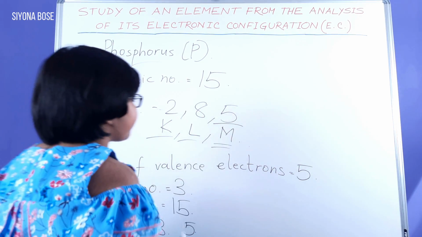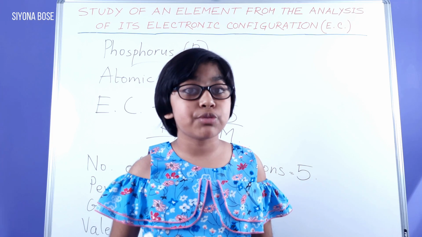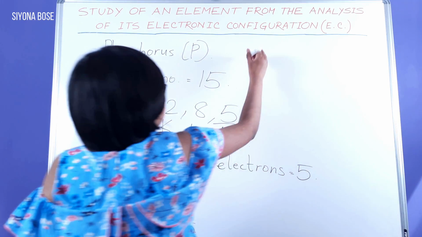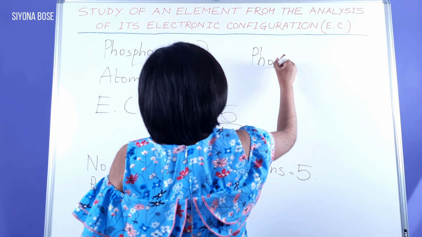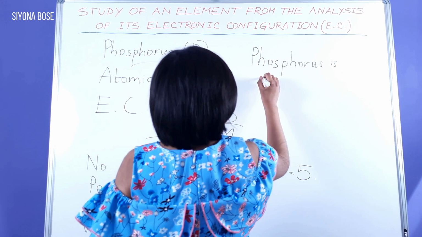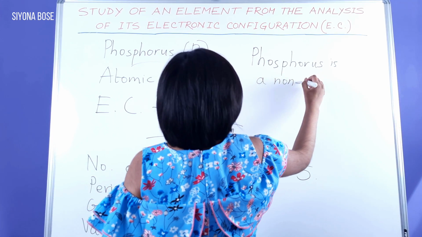After that, phosphorus's identity. It also has 5 valence electrons, which means it is a nonmetal, since that is more than 3. Phosphorus is a nonmetal.